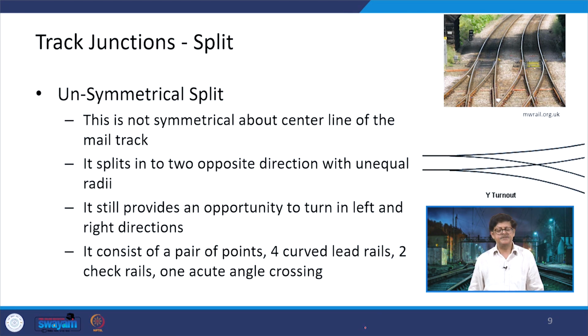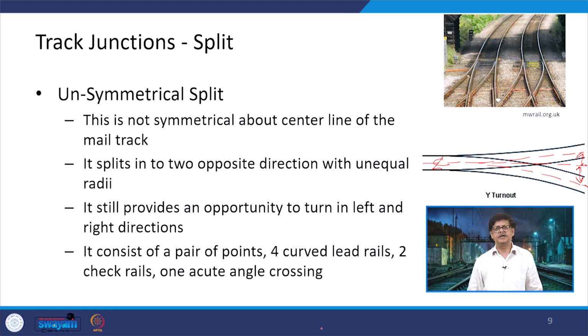The other one is the unsymmetrical split. Now, if we talk in the same manner, you are coming from this direction and you have the center line provided here. If you look at the center line of the deviating tracks, the distances between these two are different.